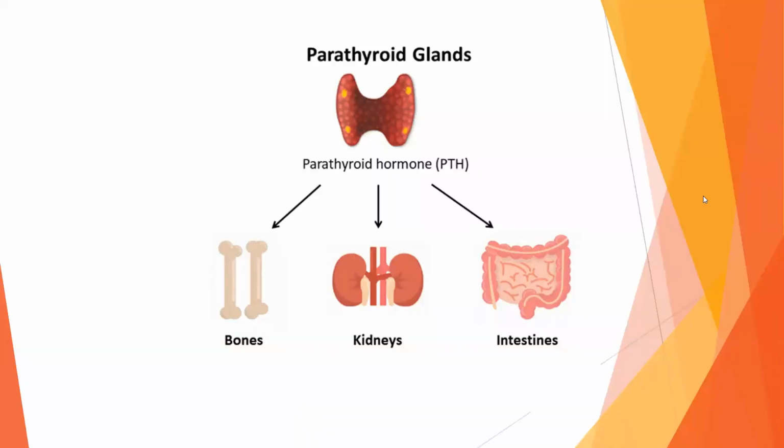Let's proceed this time to your parathyroid glands. Your parathyroid gland produces your parathyroid hormone, and it targets different organs of the body, namely your bones, kidneys, and the intestines. They are all primarily connected to giving one function or one purpose.